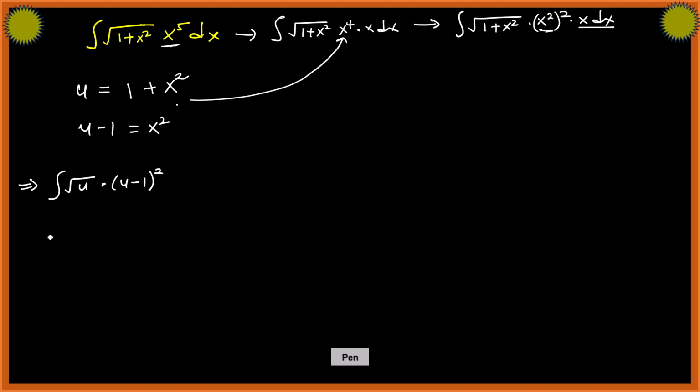Here we have u as 1 plus x squared, so my du will be 2x dx.